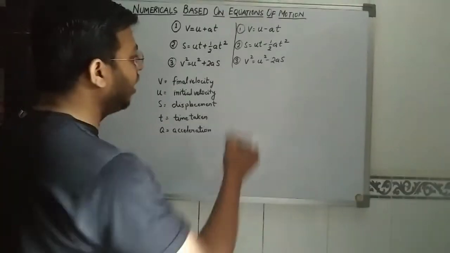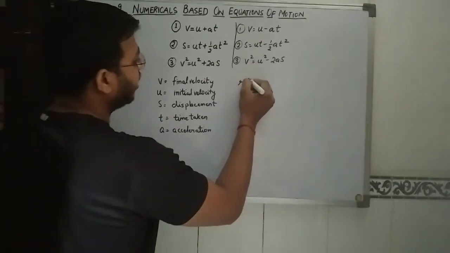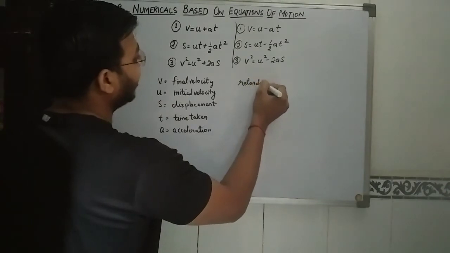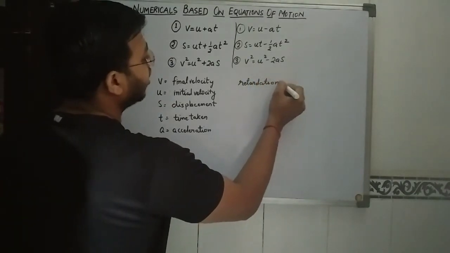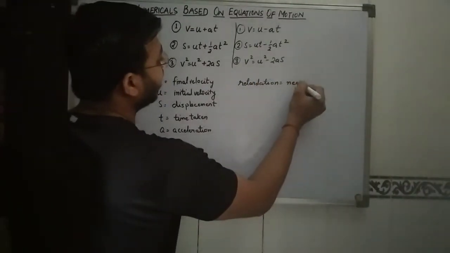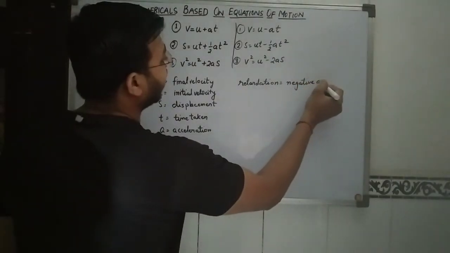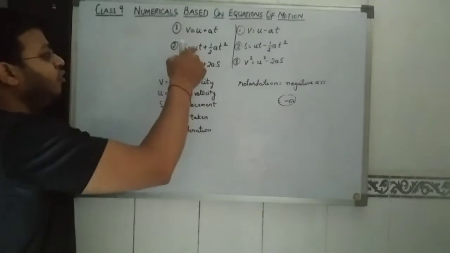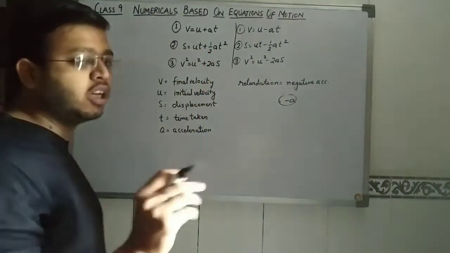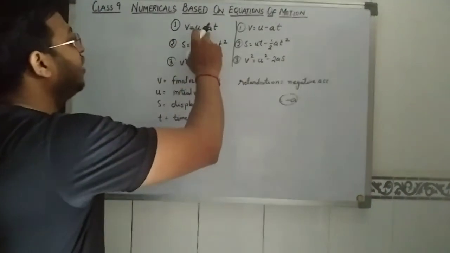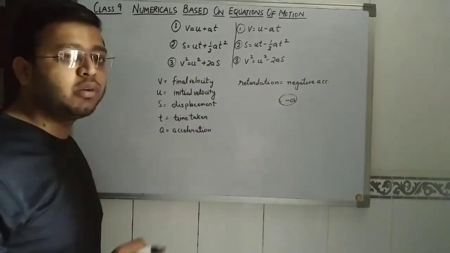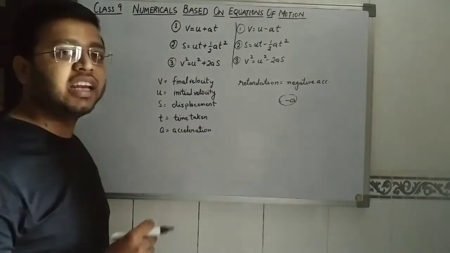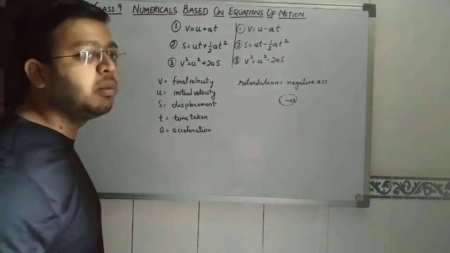Because we know very well that retardation is equal to negative acceleration. Retardation means negative acceleration, and negative acceleration means minus A. That is why in all these equations we have just made a change. In place of positive A in every equation we have just placed minus A. So all these three equations will become like this.